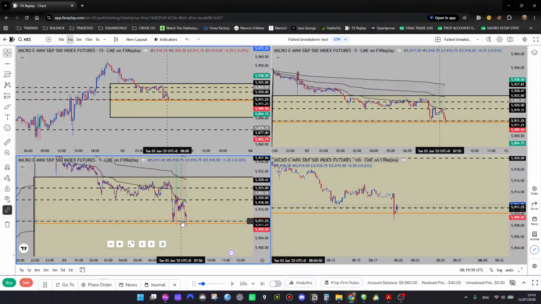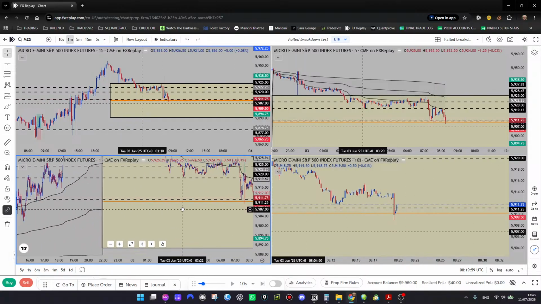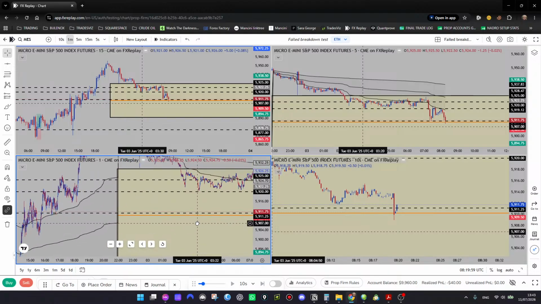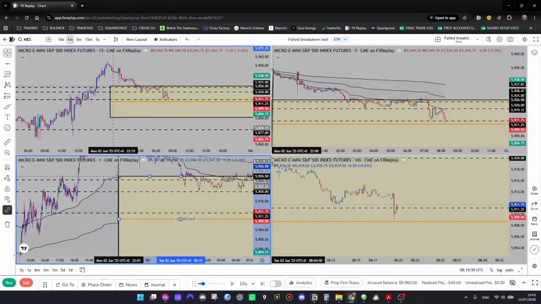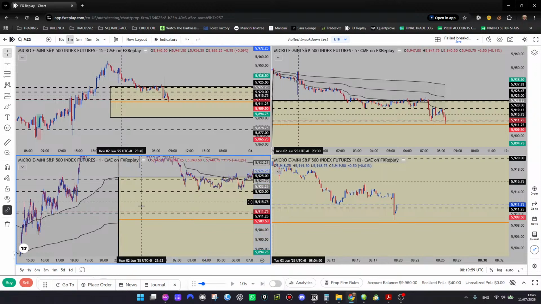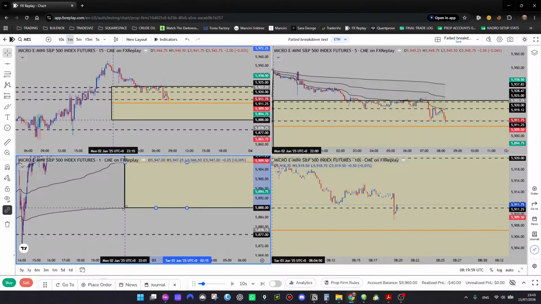We're also at a key level. This is the previous day VWAP. Sorry, I don't know why this one has been moved. That should be the one.